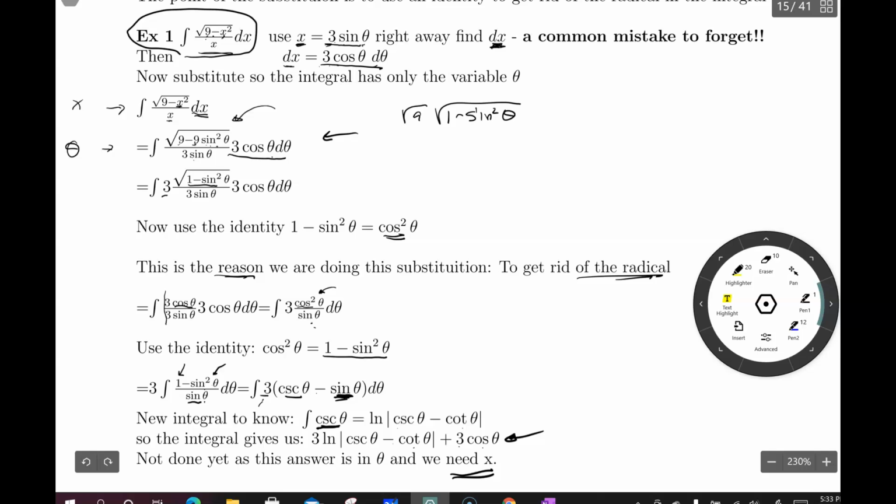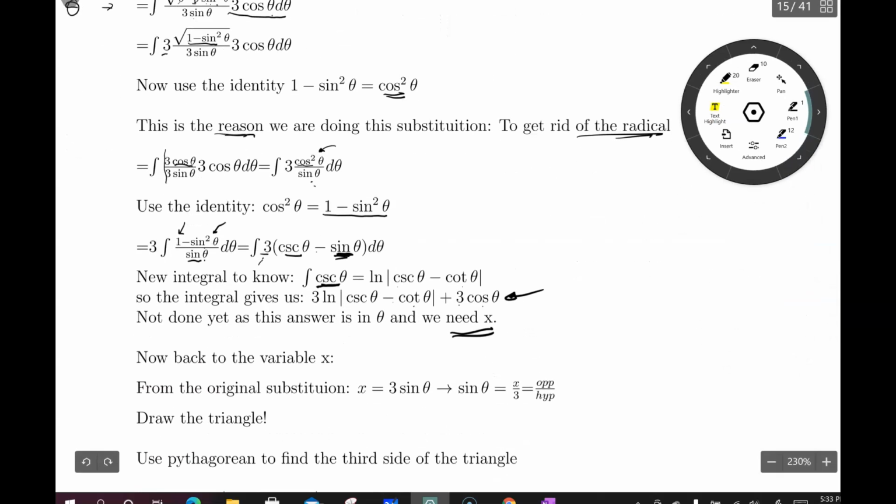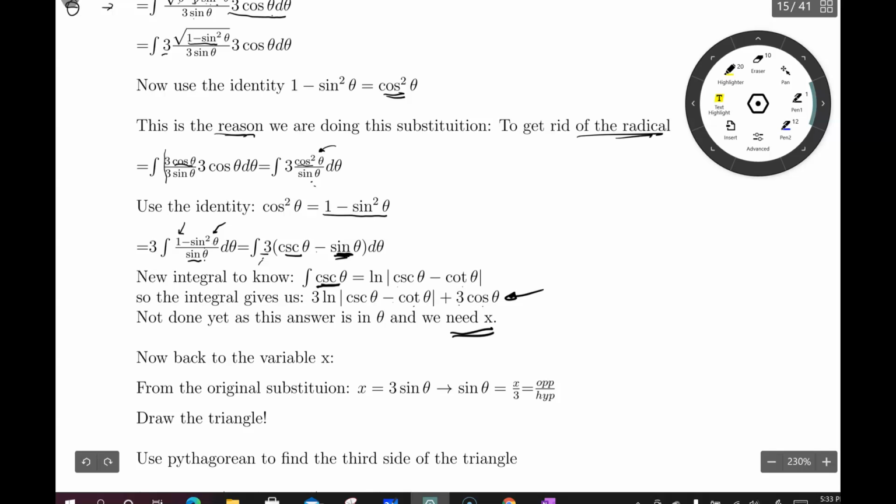I need to get back to x's. How am I going to get back to x's? We go back to the original substitution, and that was x is equal to 3 sine theta. If I rewrite that as sine of theta is x over 3, you're thinking triangle, right? There's my theta. Sine of theta is opposite over hypotenuse.